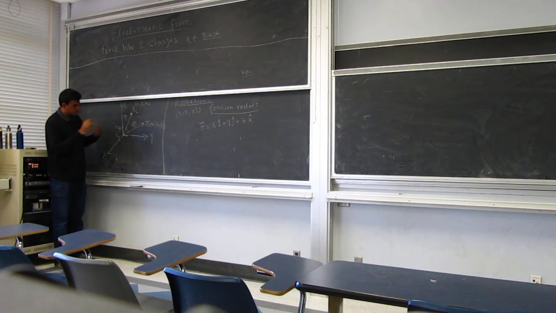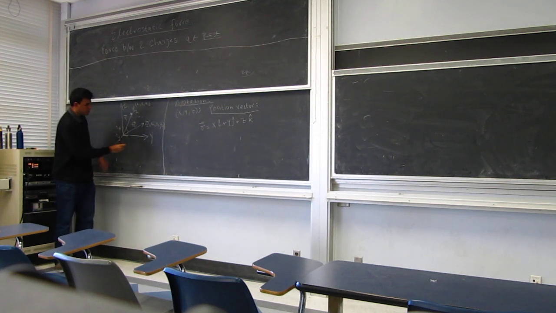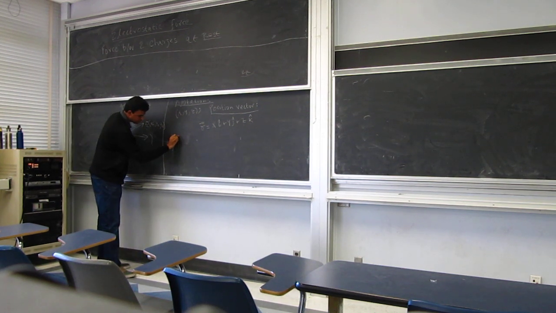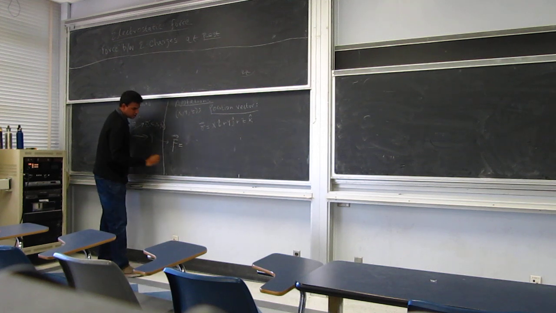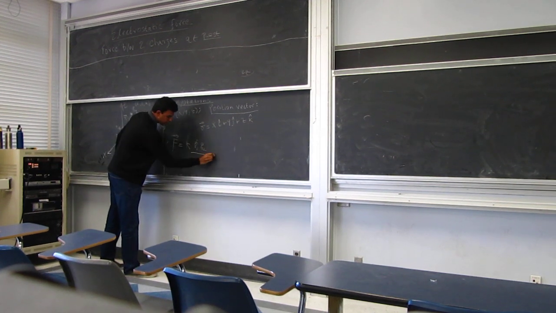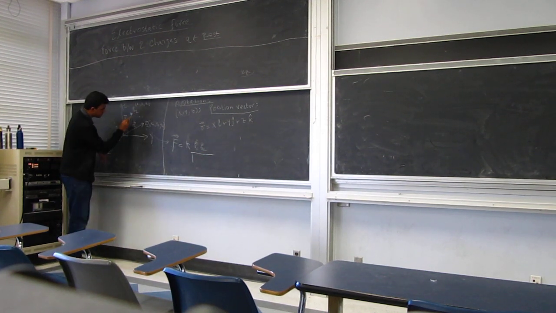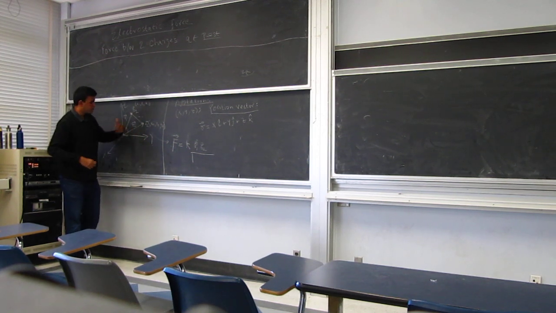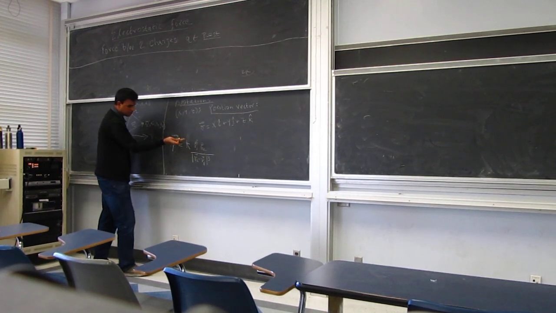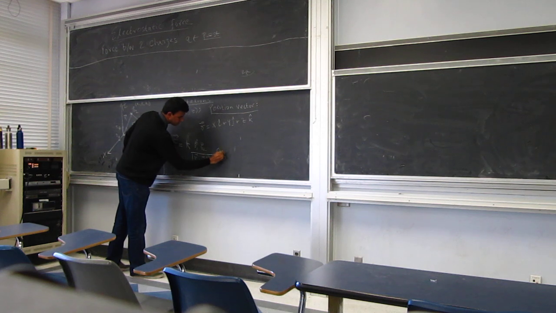Then the force between these two charges is given by the following expression. The force between the two charges in vector notation is given by some constant times the product of the two charges, q1 q2, divided by the magnitude of the vector that connects the two charges, which from vector addition can be given as r2 minus r1, cubed, times r2 minus r1.